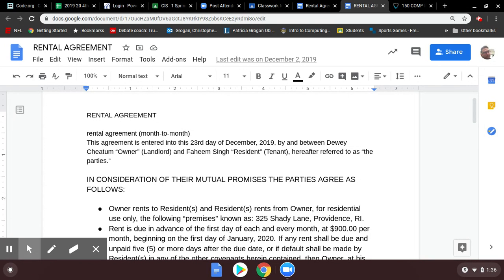Most landlords, as long as you have decent credit and you're able to show that you have a job and regular income coming in, will allow you to rent an apartment.